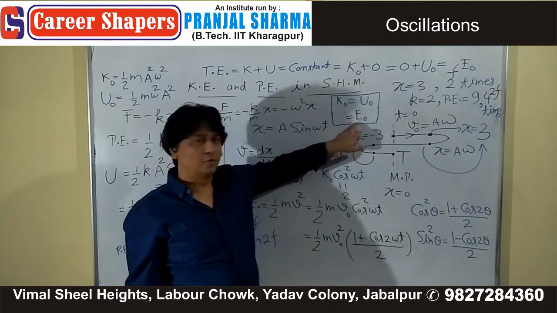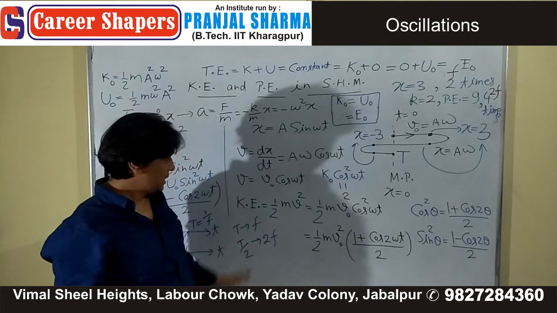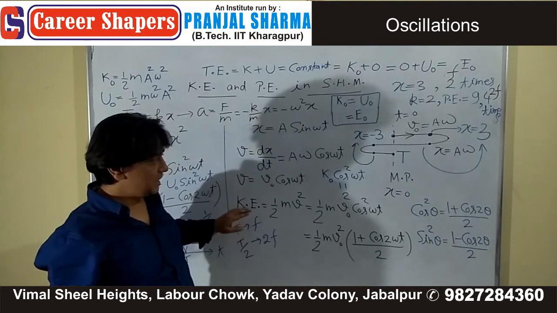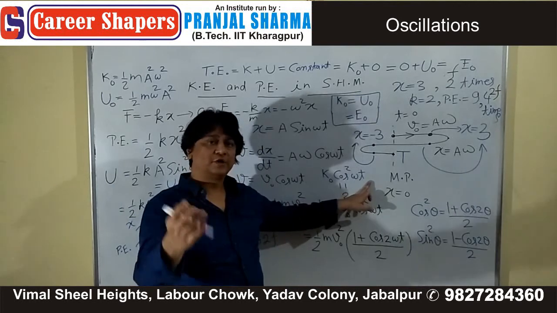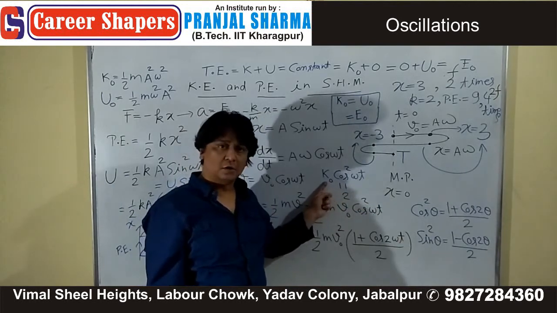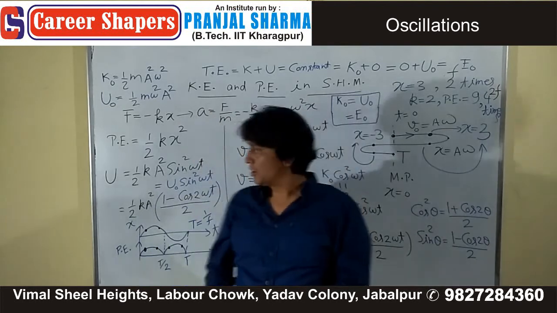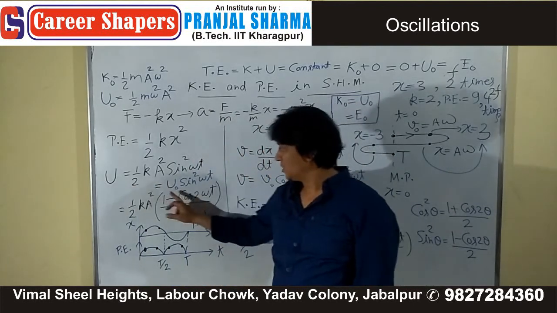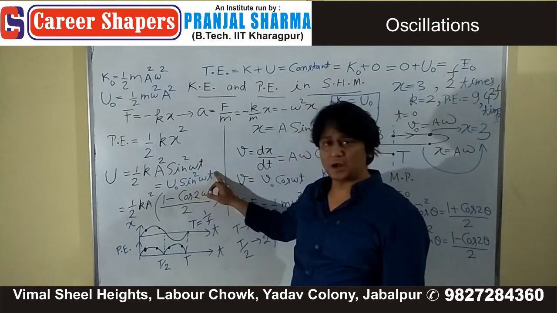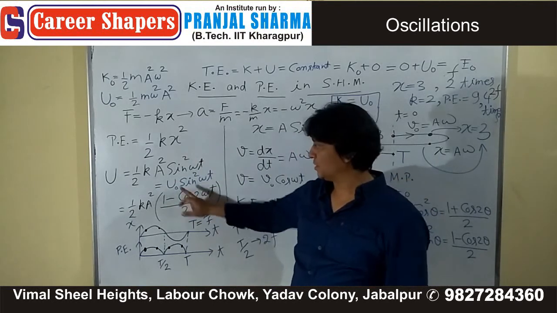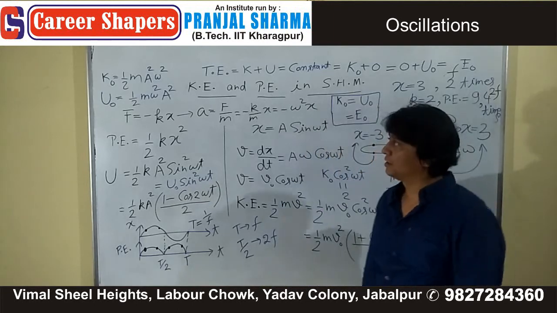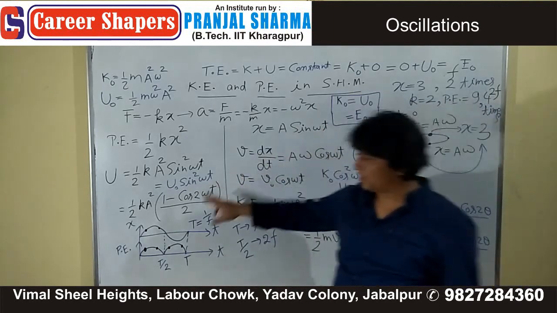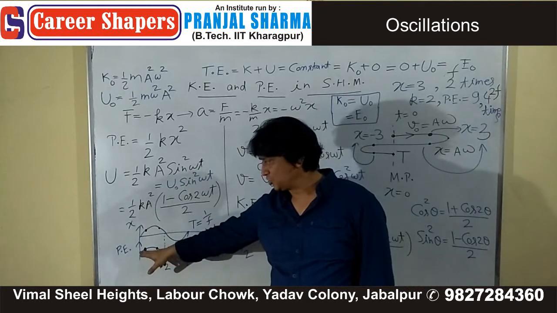So your kinetic energy is K naught cos square omega t. If you wish, you can write it as E naught cos square omega t. Your potential energy is U naught sin square omega t. If you wish, you can replace your U naught with capital E naught.